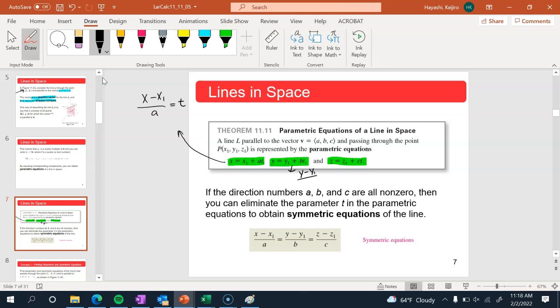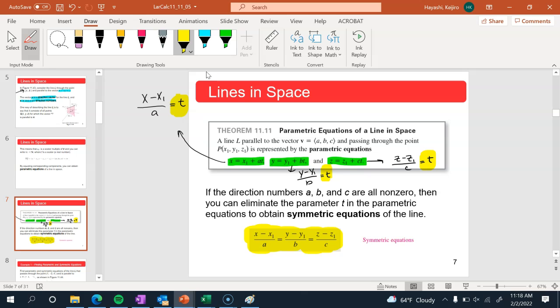Y minus y1 over b, that's t. And z minus z1 over c is t. And because these are all equal to t, they're also all equal to each other. And you can get this method of describing a line. These are known as symmetric equations because the format of it is symmetric with respect to x, y, and z.